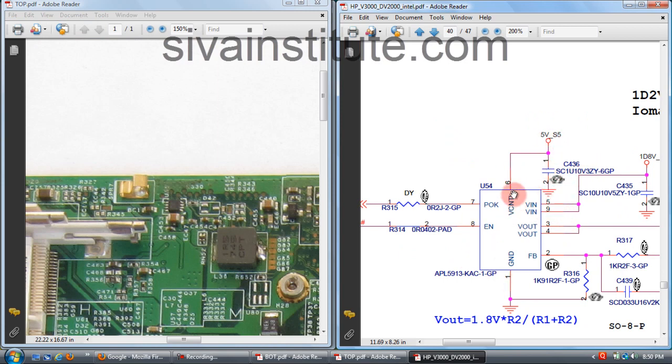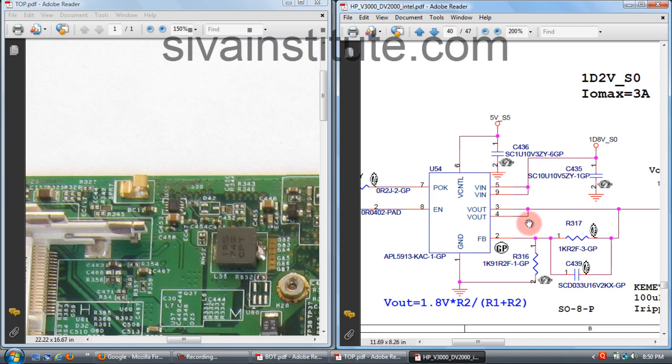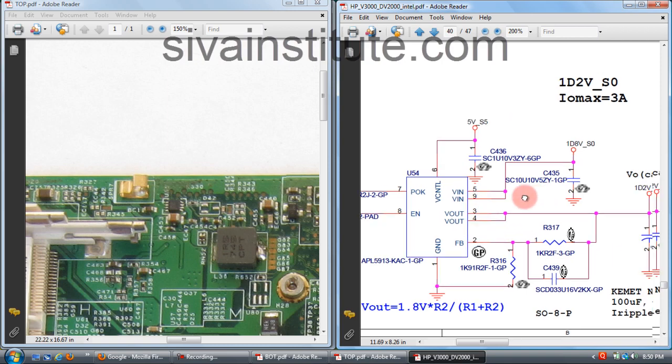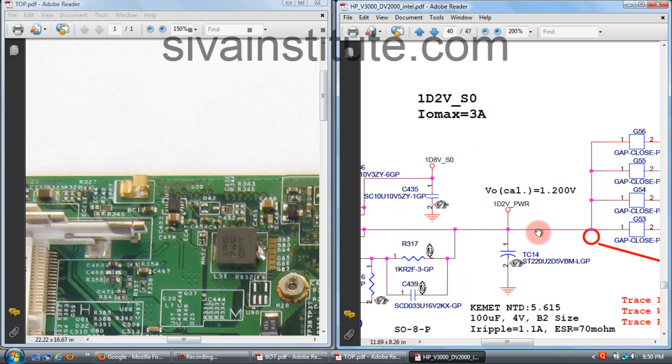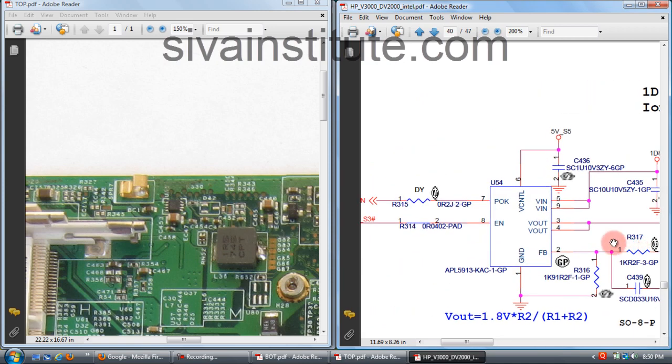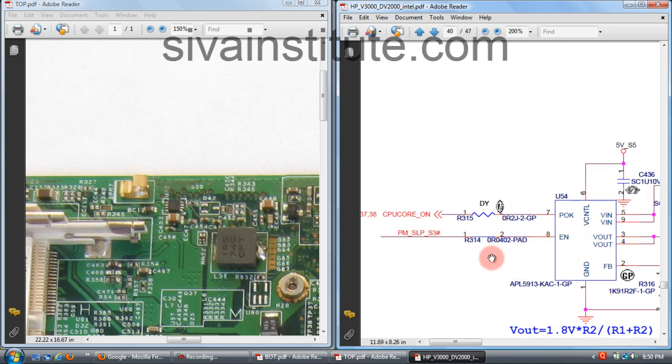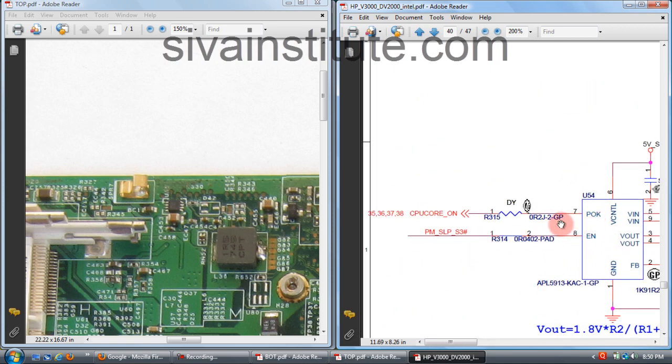You should check 5 volts at pin number 6, 1.8 volts at pin number 5 and 9. This output will come out from pin number 3 and 4. This is 1.2 volts. This power OK voltage goes to CPU regulator, pin number 7. We will see page number 34.